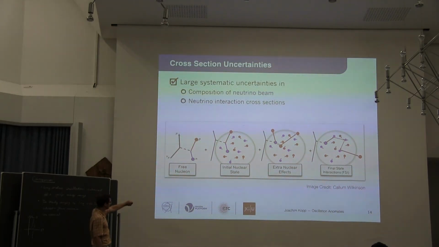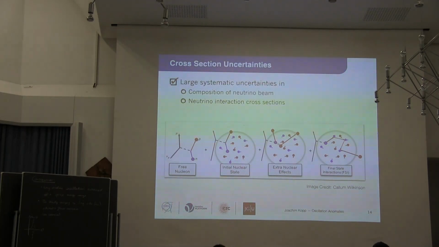They are embedded in a nucleus. So rather than just having to study an interaction on a free nucleon, you need to take into account, for instance, the nuclear initial state. The nucleon that you're scattering on is in some bound state inside a nucleus, and that obviously affects its kinematics. In particular, it's coming in with some initial state momentum that is poorly known.